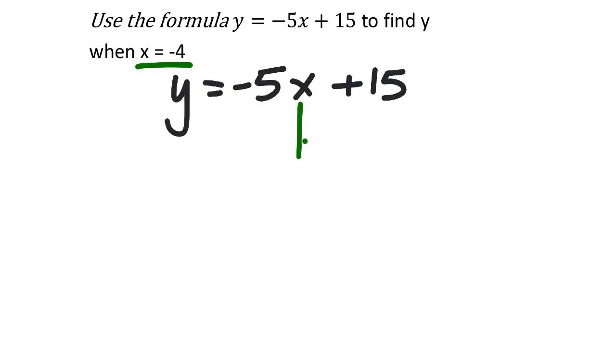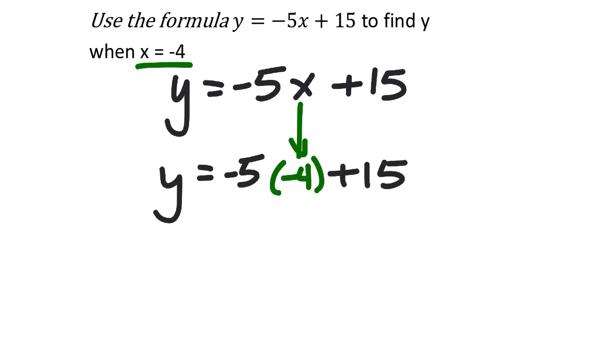So I'm going to take this x, and I'm going to replace it with negative 4. So now the formula, with x replaced with negative 4, is y equals negative 5 times negative 4 plus 15. So this then becomes an order of operations problem, and yes, you could type this into the calculator like we see it.